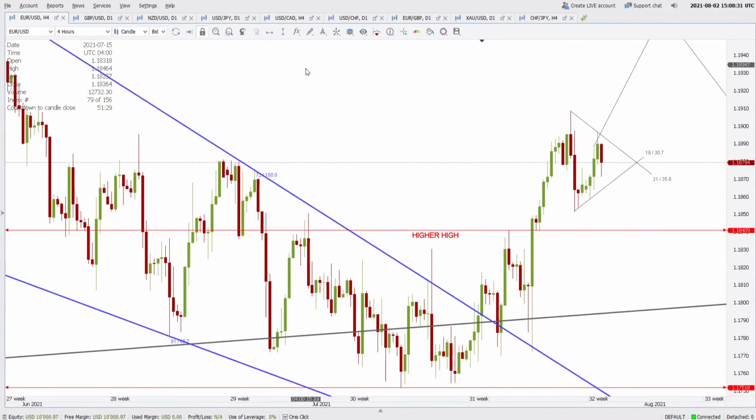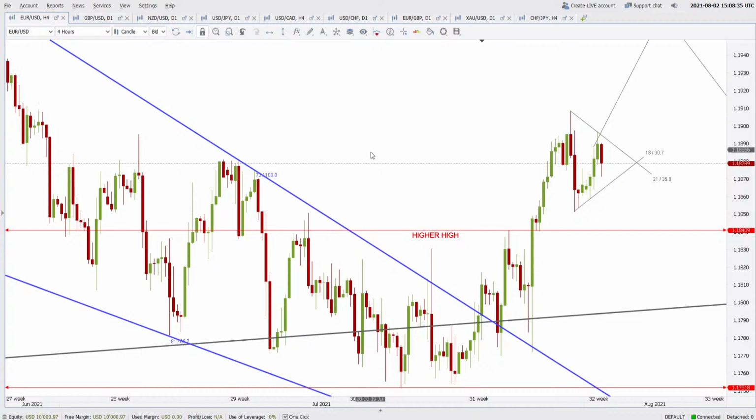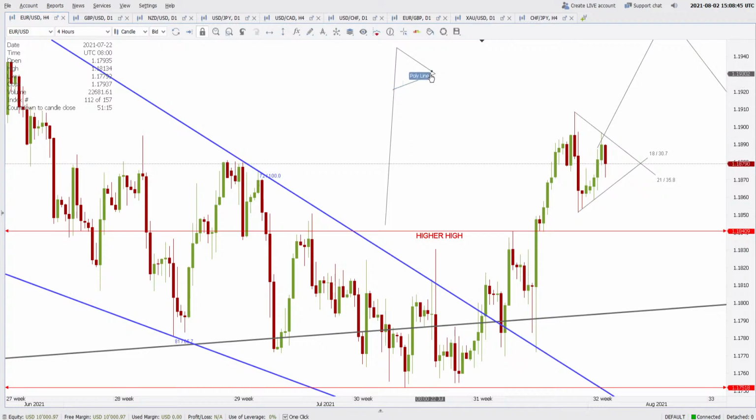Have you heard about pennant? I'll explain it to you because you don't seem like you have. Okay, this is how a pennant or a flag looks like, right?